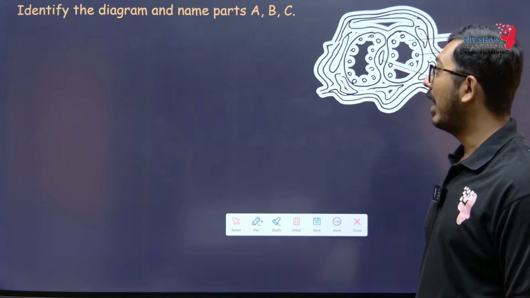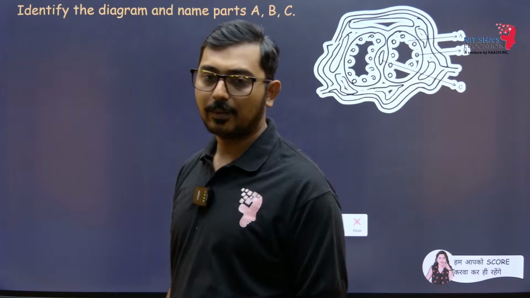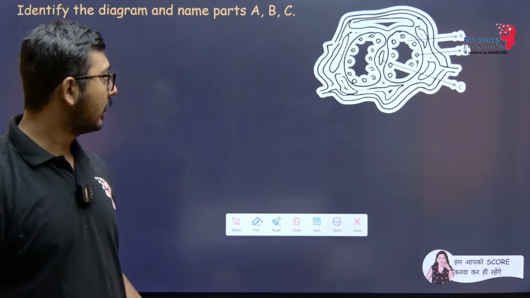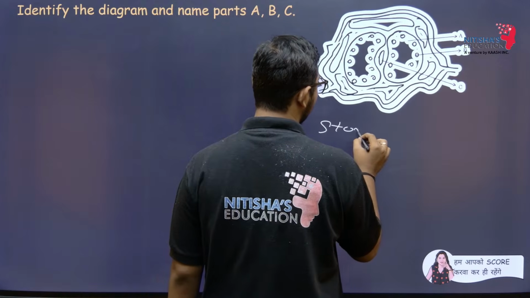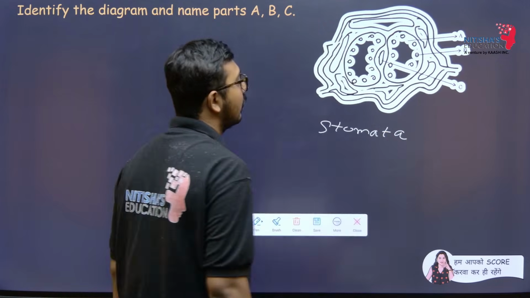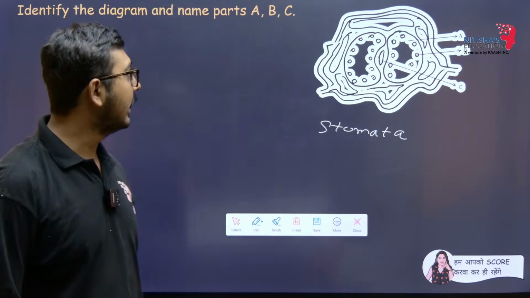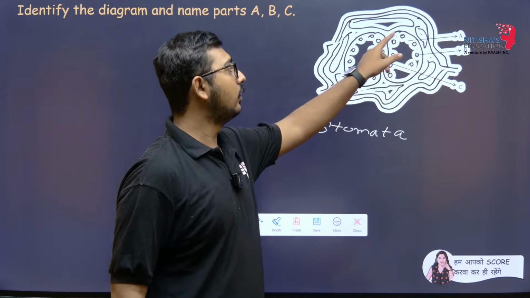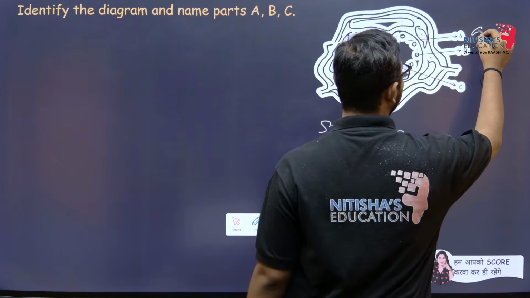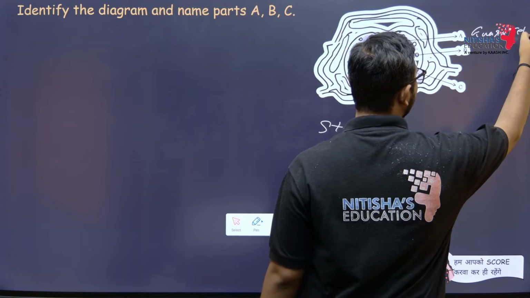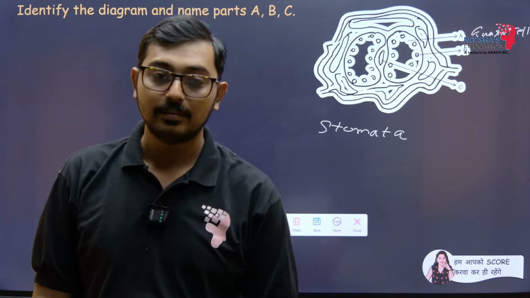Identify the diagram and name the parts A, B, and C. Obviously, from the diagram you can say that it is a diagram of stomata. So first of all, what is A? The cells surrounding it, what are those known as? Guard cells. Then B, the gap between them.